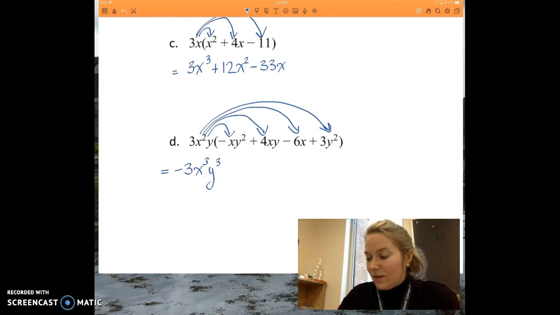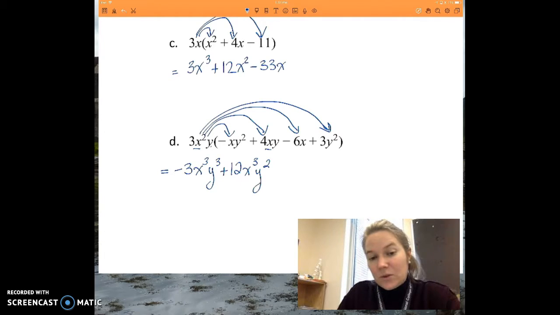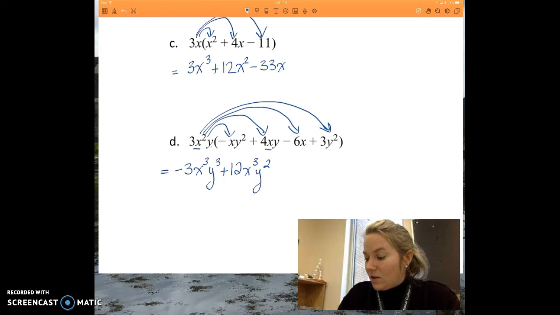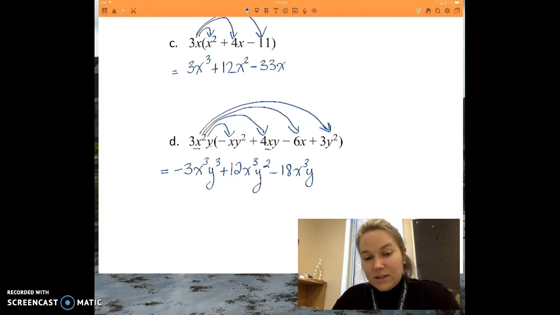Then we'll move to the next one. 3 times positive 4 is plus 12. x squared times x is x cubed. y times y is y squared. The third one: 3 times negative 6 is negative 18. x squared times x is x cubed. For y, there are no other y's, so that y carries through as y to the exponent 1.